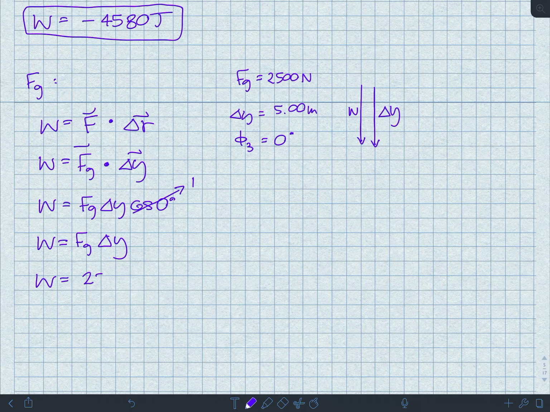So 2,500 newtons times 5 meters gives us 12,500 joules, positive. So gravity is doing positive work.